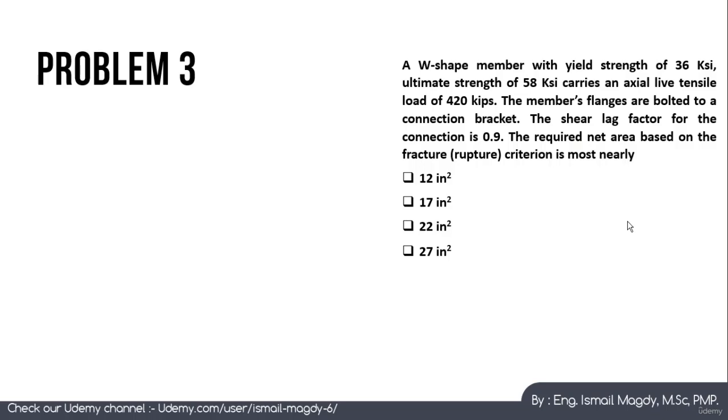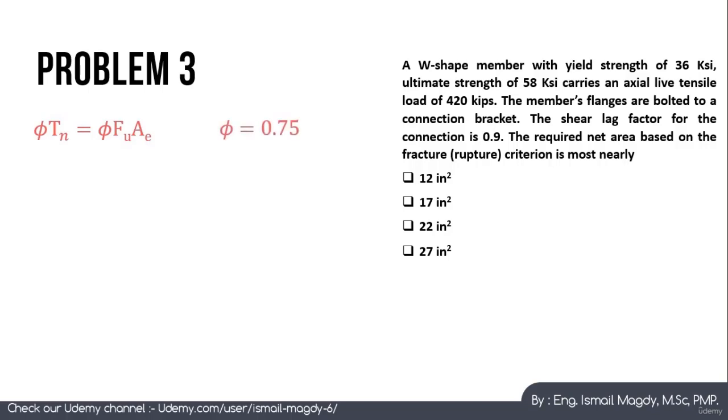So we know that we need to calculate the net area only for the fracture for this problem. We will start with the fracture strength criteria equation that we know, which is phi Tn equals phi F ultimate Ae, which is the effective area.